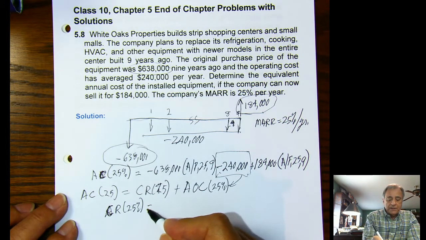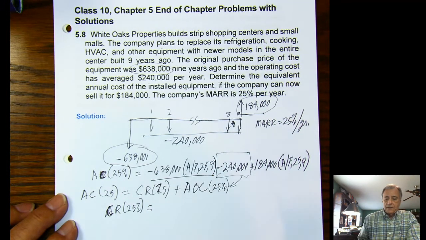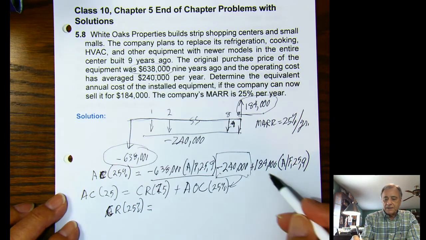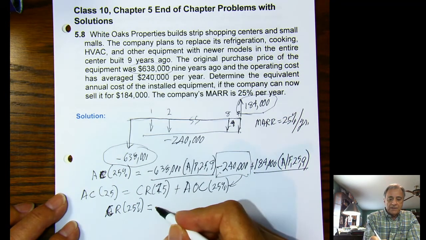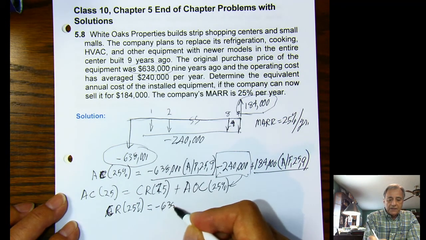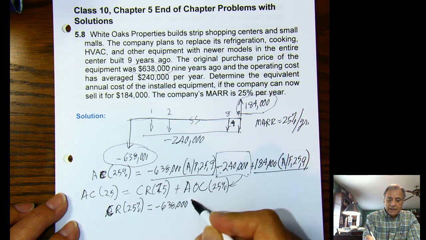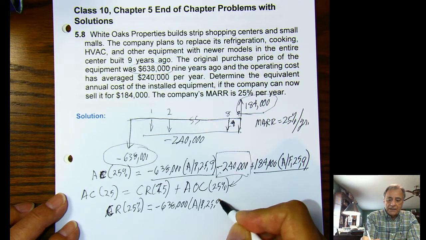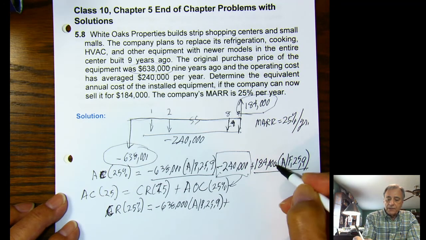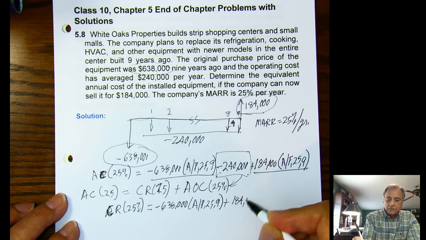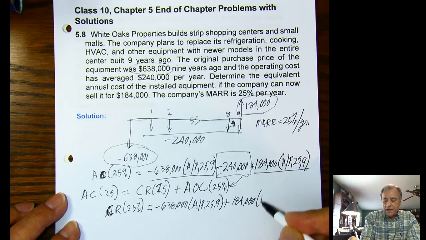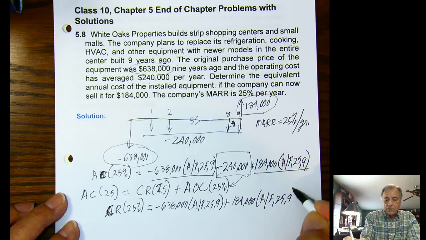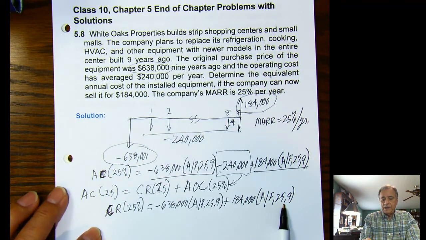So this would be minus 638,000, A given P, 25% in 9 years, plus 184,000, A given F, 25% in 9 years. So the capital recovery annual cost is these two parts.